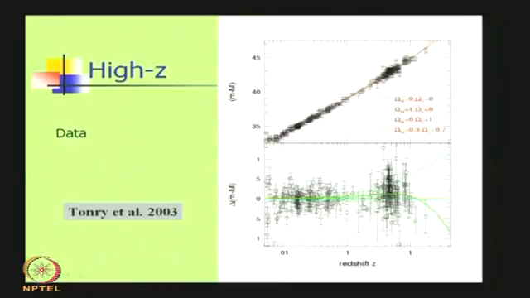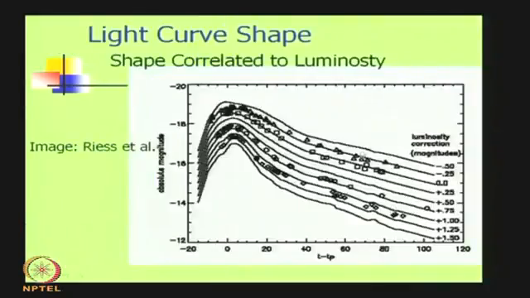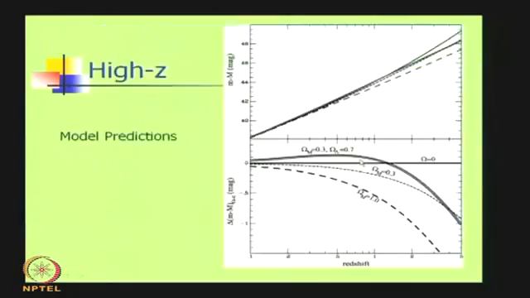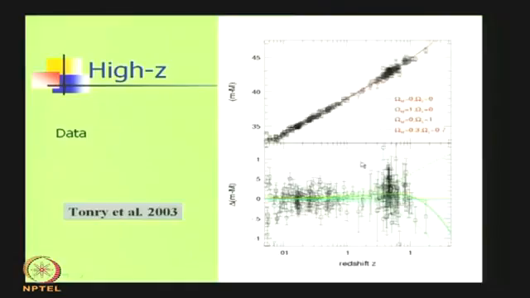Now here you see the error bars are extremely large because you have taken individual supernova, and the distance estimate to an individual supernova has large errors in it. The large error comes in the scatter of this relation. So we can predict the peak luminosity from the shape, but there will be an uncertainty which gets reflected in the uncertainty in the distance modulus.